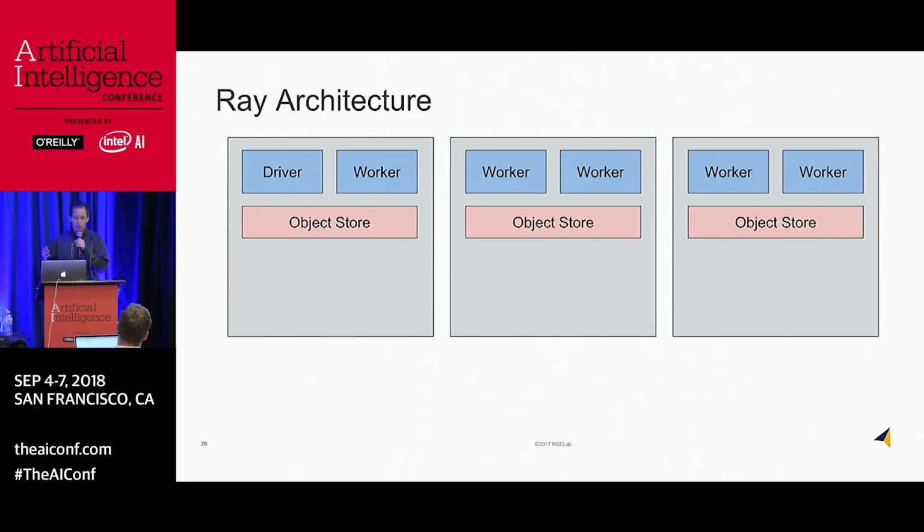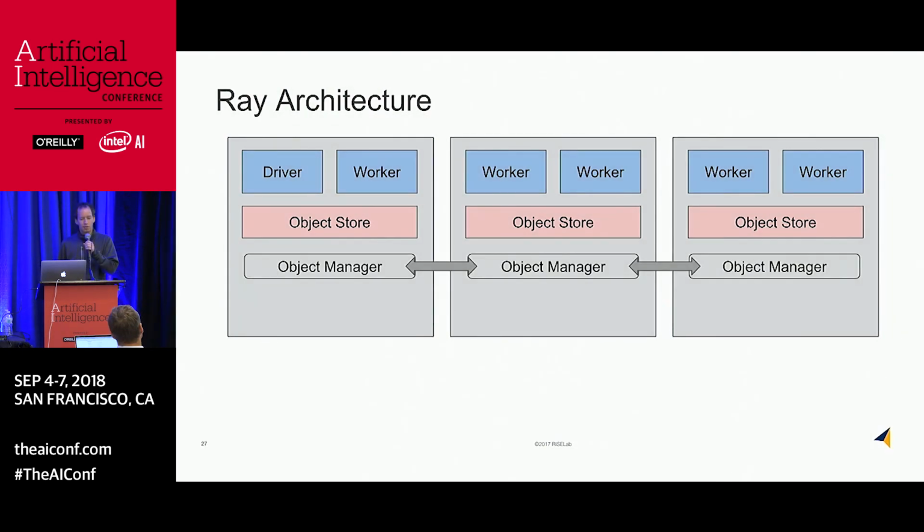Therefore, we have one shared memory object store on each machine, which can hold all the data and can share the data between the processes without copies. That can lead to huge performance gains in practice. Then there's an object manager, which connects the nodes together. They are connected to the object store and will ship data as needed.